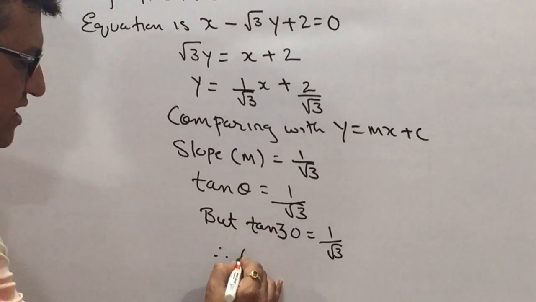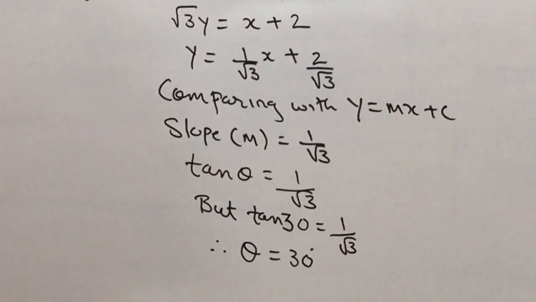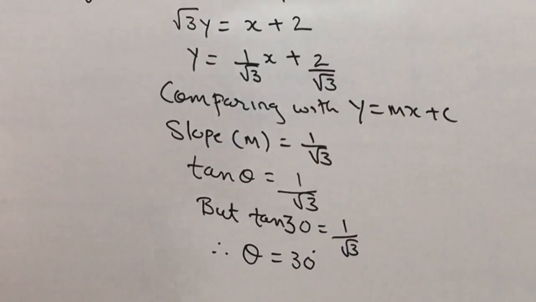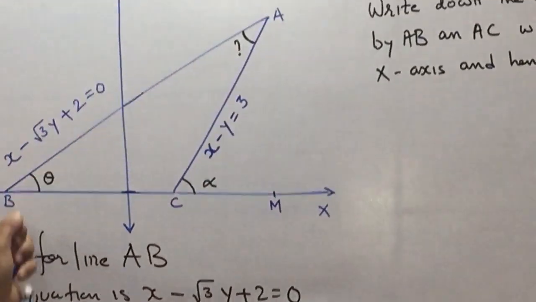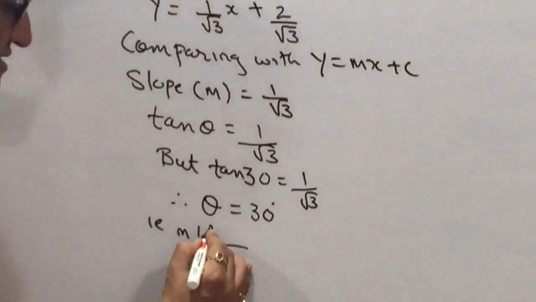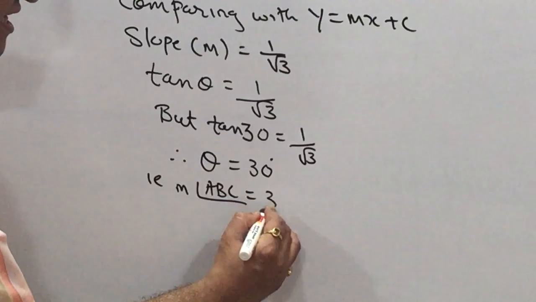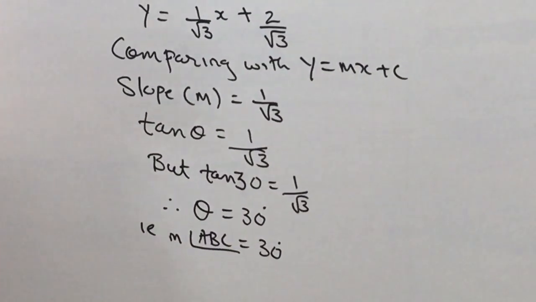Therefore, theta measures 30 degrees. When I say theta measures 30 degrees, what is the angle we are asking for? We are asking for angle ABC. That is, measure angle ABC is 30 degrees.